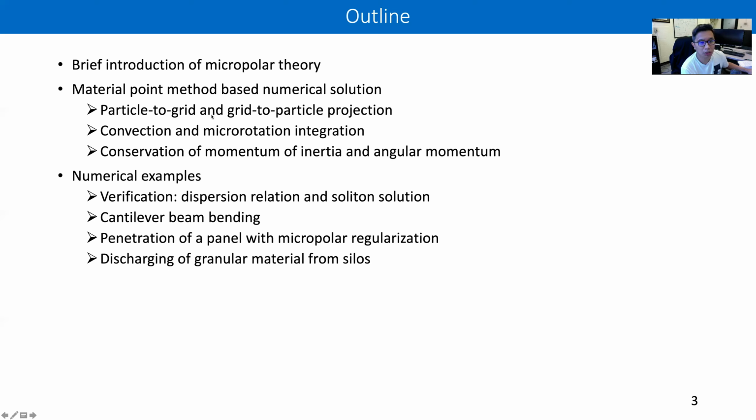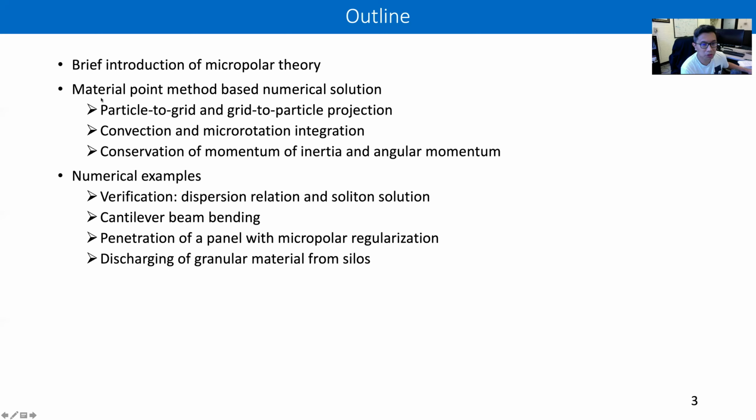Here in the material point method, we need to extend the current material point method to cover this kinematic feature. So I will talk about the particle to grid and grid to particle projections that are specialized for the material point calculations, the convections and the micro rotation integrations. And then the conservations of moment of inertia and angular momentum that we need to incorporate into the residuals of the material point method.